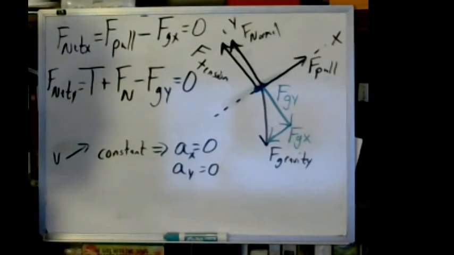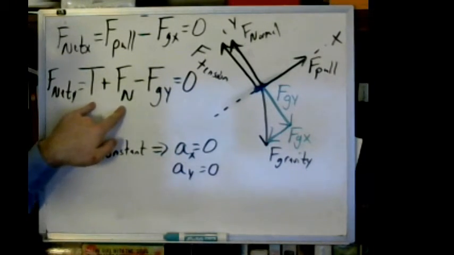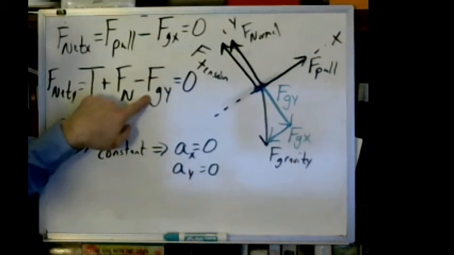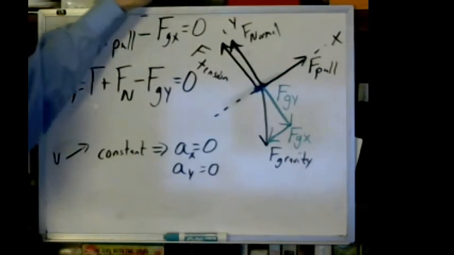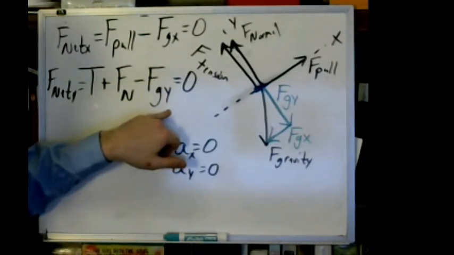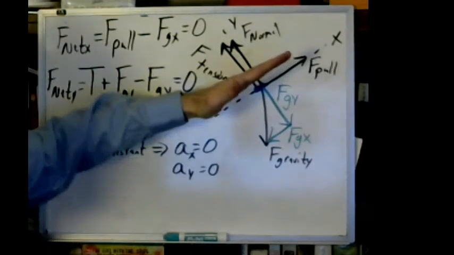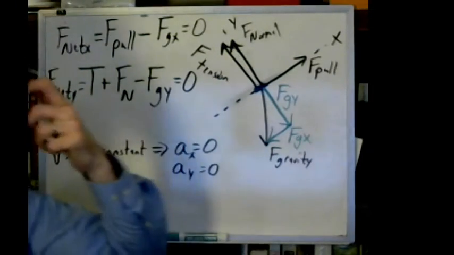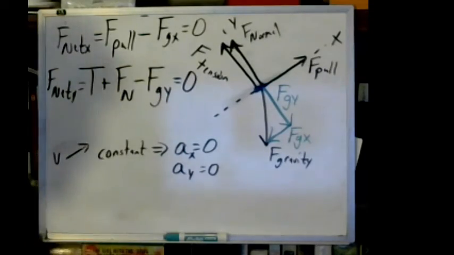If it weren't 0, if the tension and the normal force were larger than the strength of gravity in that direction, then the kid would be accelerating up out of their seat. If the force of gravity were larger than the tension and the normal force, then the kid would be accelerating down through their seat. Neither of those things are happening, so we know that this whole thing has to balance out.